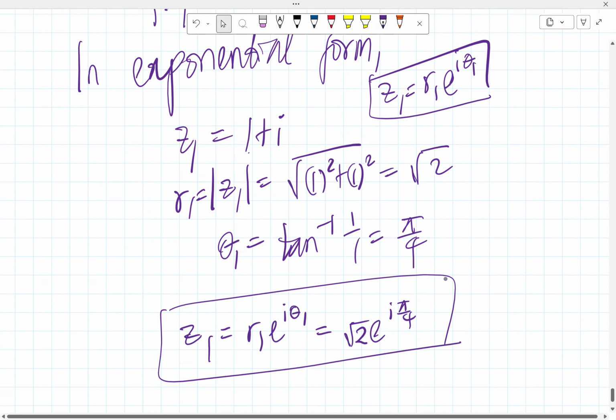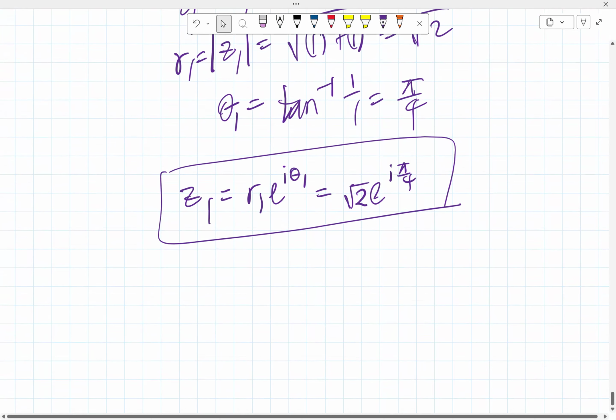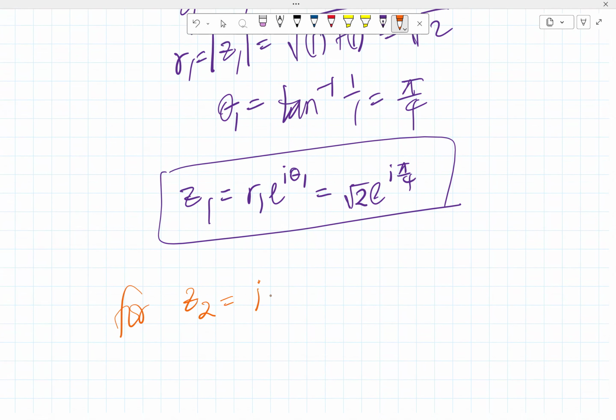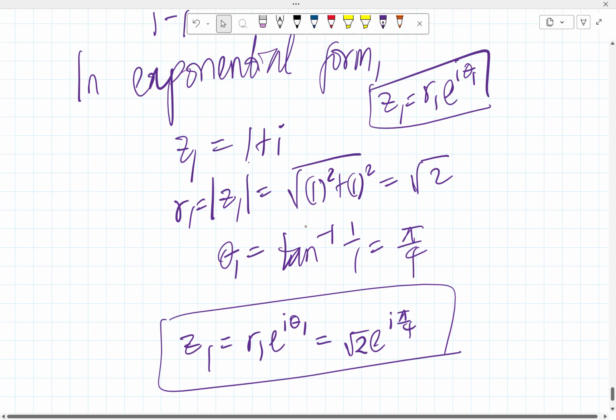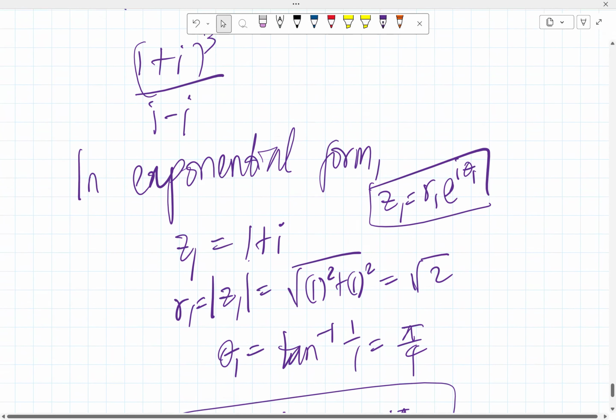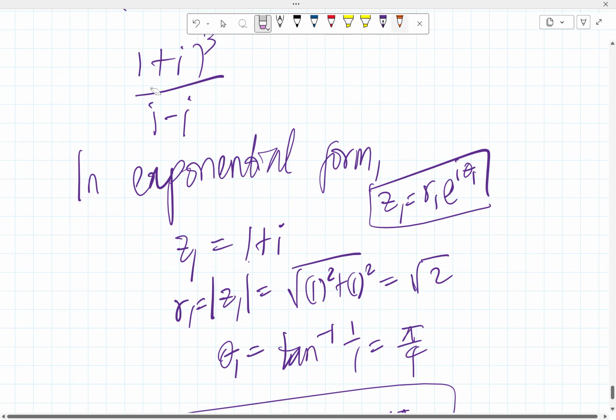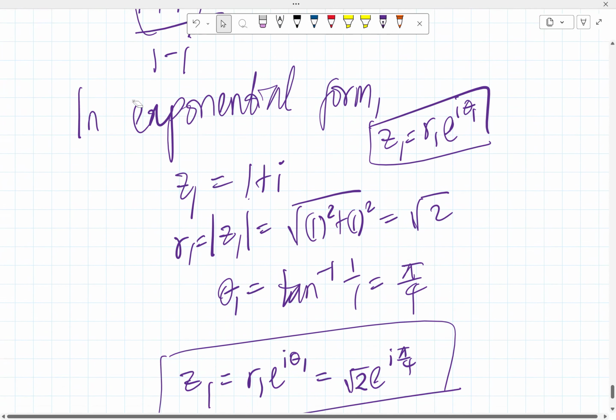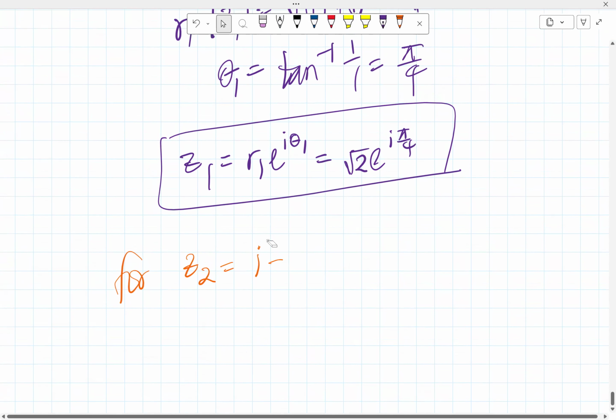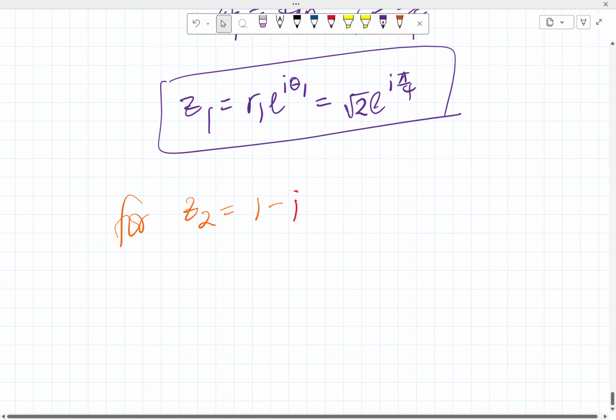For the second one, let's say z2, which is 1 minus i.